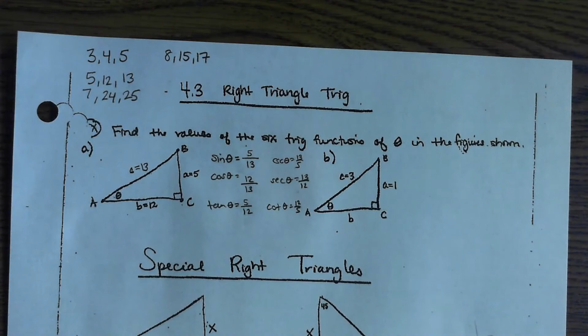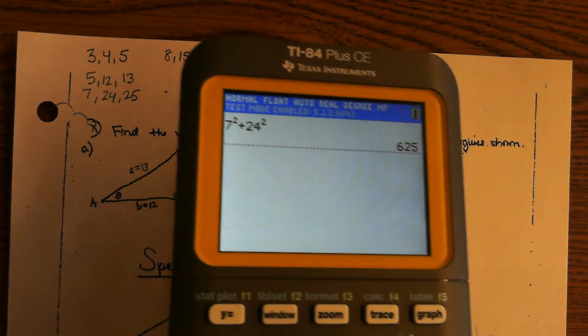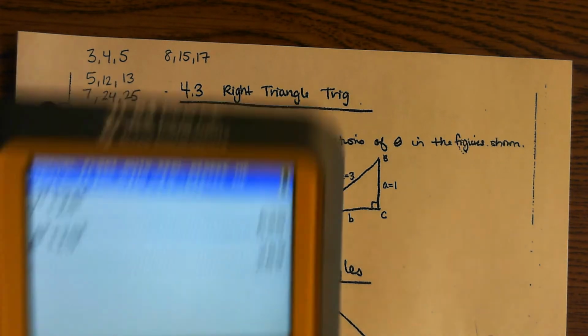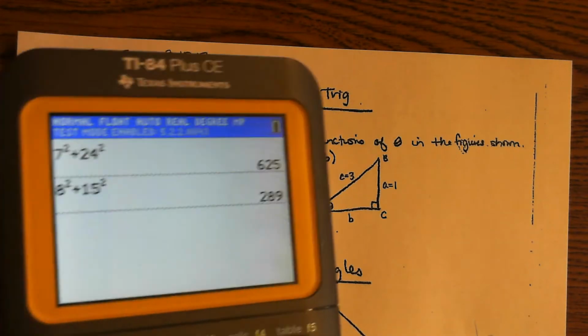Let me check. I have to check that. 7 squared plus 24 squared, that's 25 squared, so that's good. And then 8 squared plus 15 squared is 289, and that is what 17 squared is.